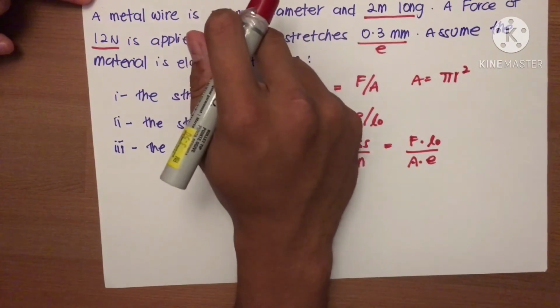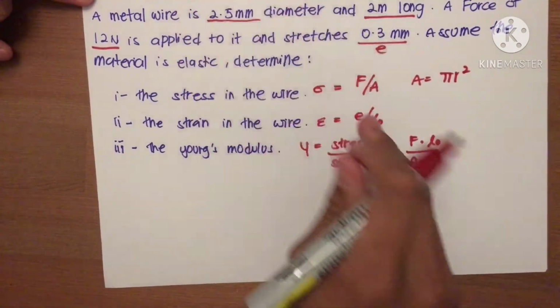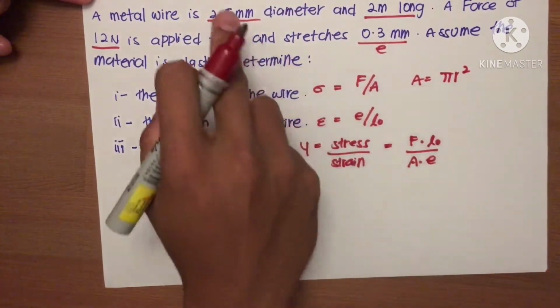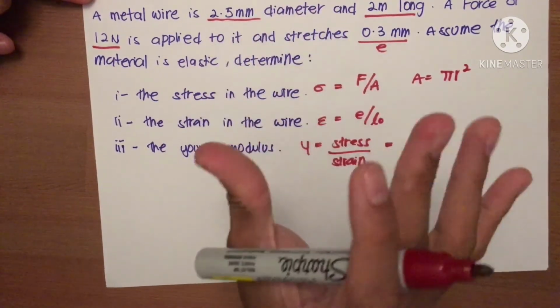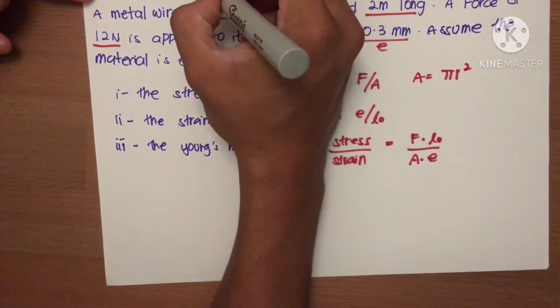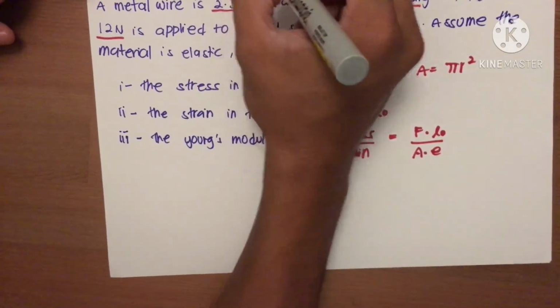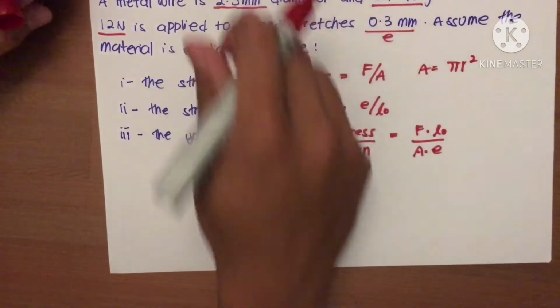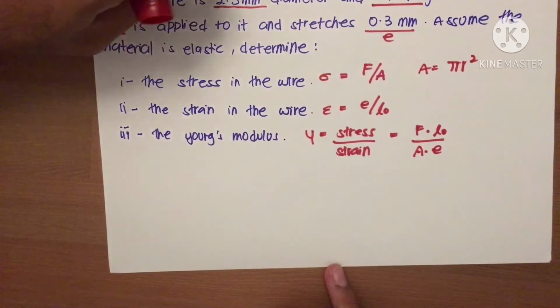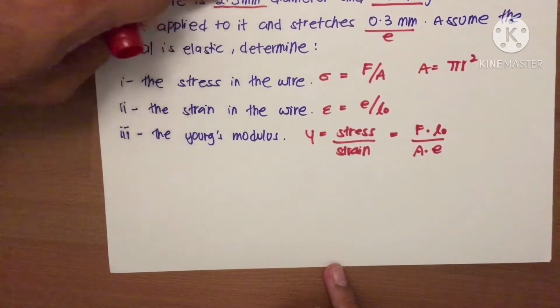We don't have the radius, but we do have the diameter, 2.5 millimeter. In my class, we usually convert to SI units first. So we have 2.5 here, and in meters it's times 10 to the exponent -3 meter. This is the diameter in SI unit meter.